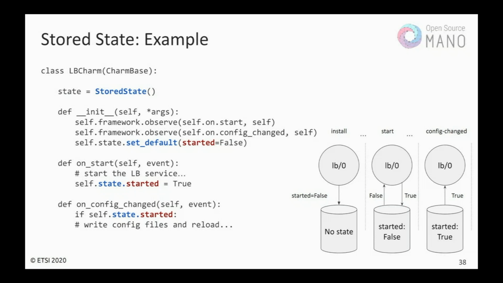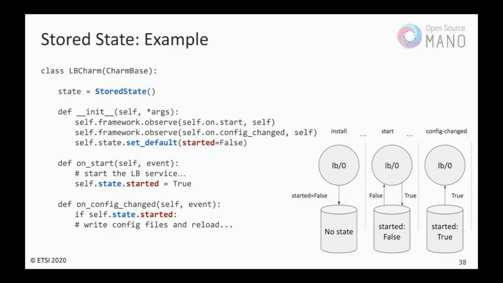Well, after you start your load balancer service, we can set this variable to true, and this will automatically be persisted by the framework when you exit from the start event execution. And then when the config change event happens after that, you will be able to access this stored value, and it's completely transparent to you how exactly that happens.